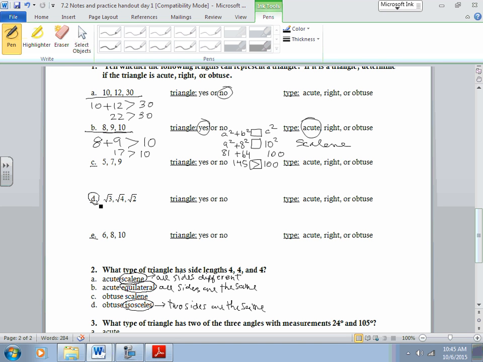A squared plus b squared is greater than c squared would be acute. You got a squared plus b squared is less than c squared. So you know on D, you're going to have to type in the square root of 3 to know what that number is.